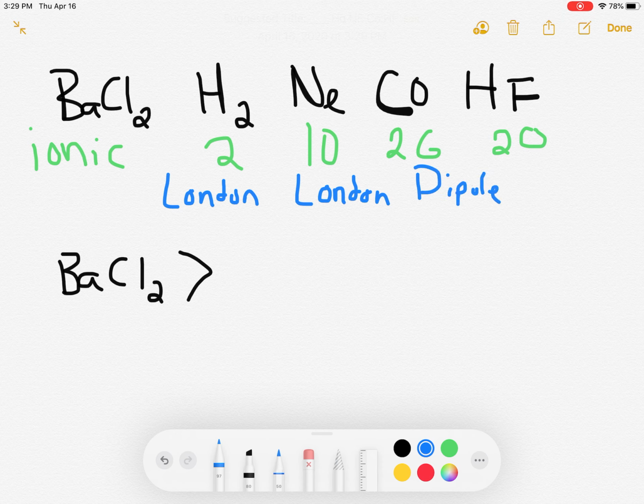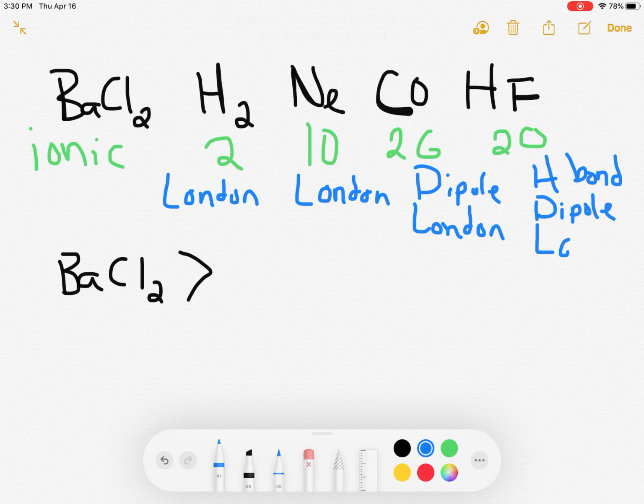So we're going to have dipole, and we're going to have London dispersion, because London's in everything. And then last one, HF, we have hydrogen covalently bonded to fluorine. So we're going to get hydrogen bonding. It's polar, so we're going to get dipole, and we're going to get London dispersion. So all three. But the strongest intermolecular force is the one that determines the boiling point. So those are the ones we're focused on.